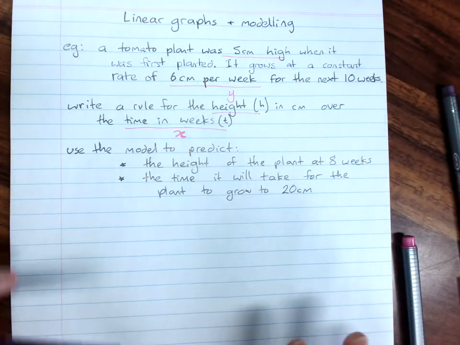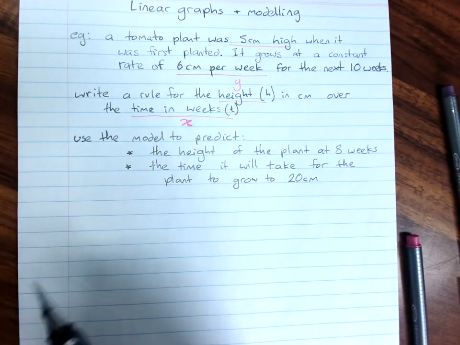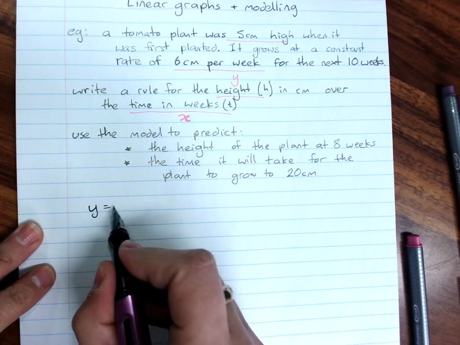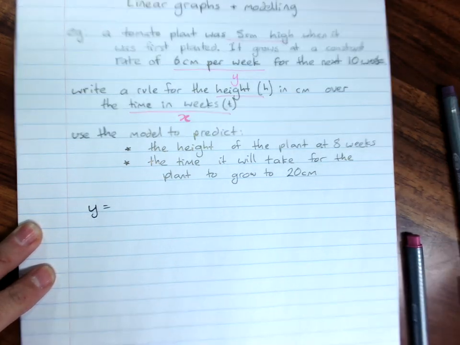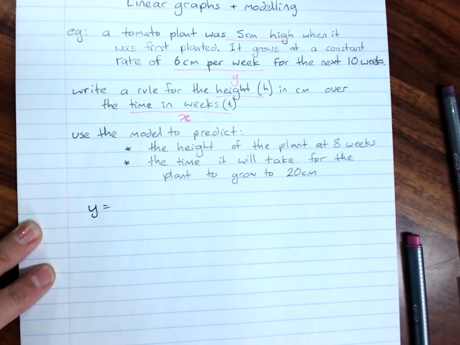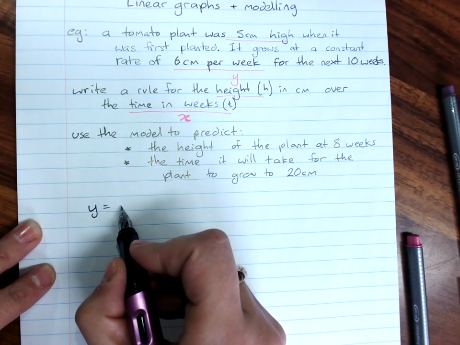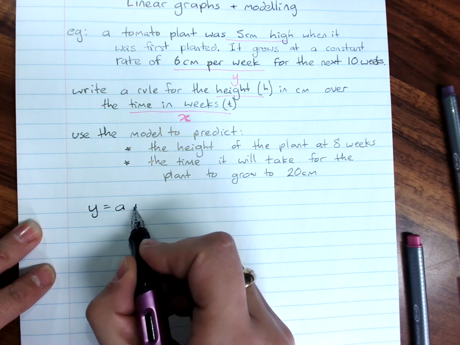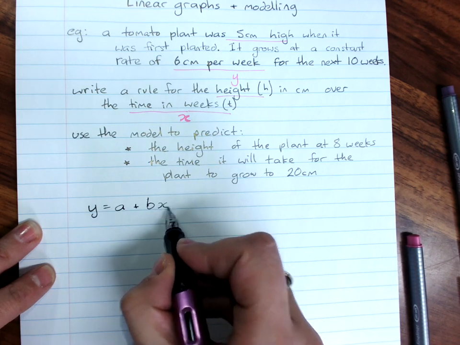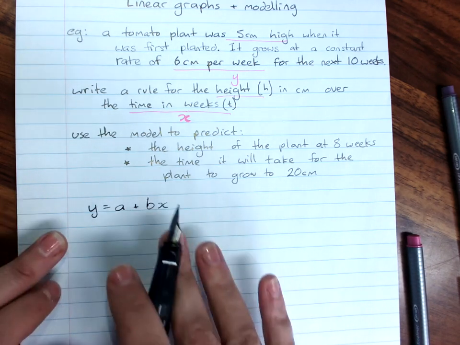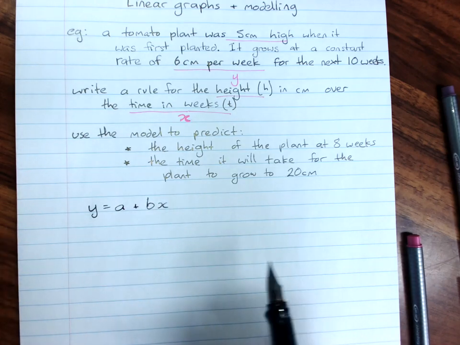And we go to our y equals, now we can use y equals mx plus b, or we can use y equals a plus bx. It doesn't really matter. The textbook uses this one, so this is what we'll use.